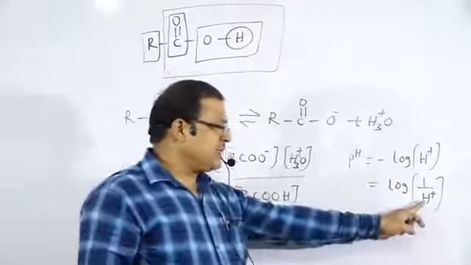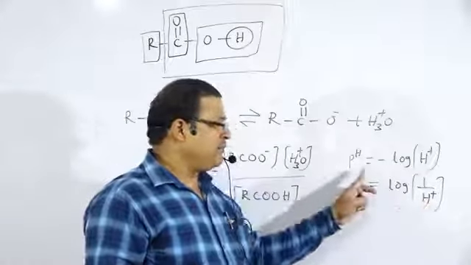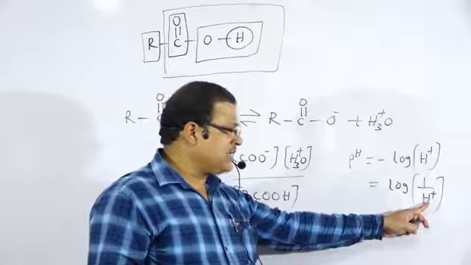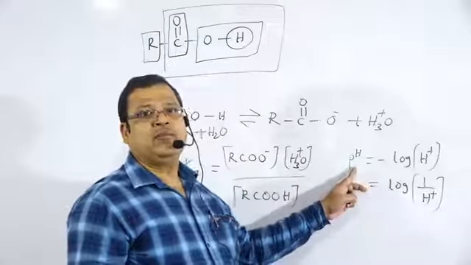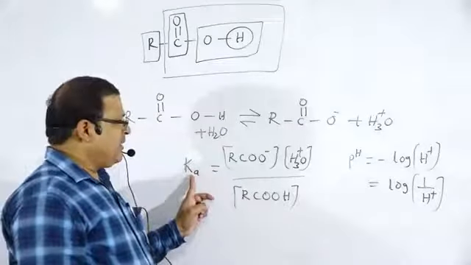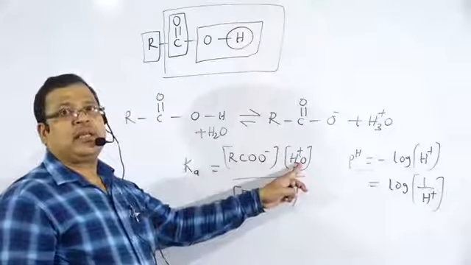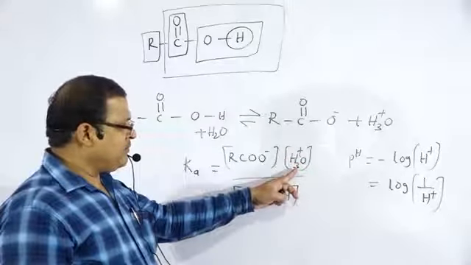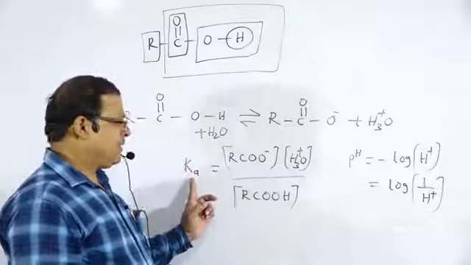If the concentration of H plus ion is more, then pH will be less. If the H plus ion concentration is less, pH will be more. So the Ka value is directly proportional to the H plus ion concentration, or acidic behavior. Higher is the H plus, higher is the Ka value.